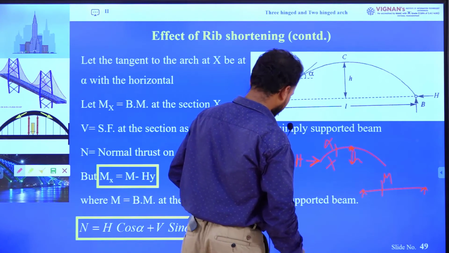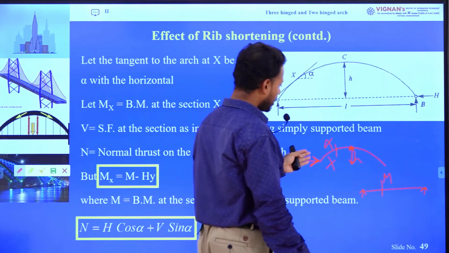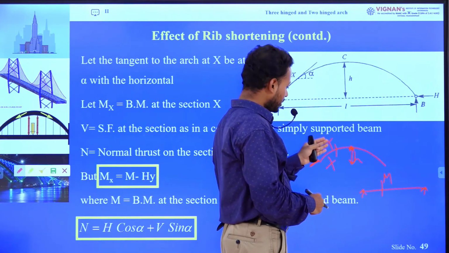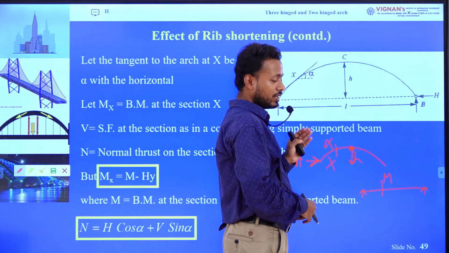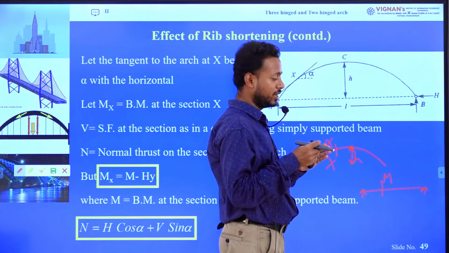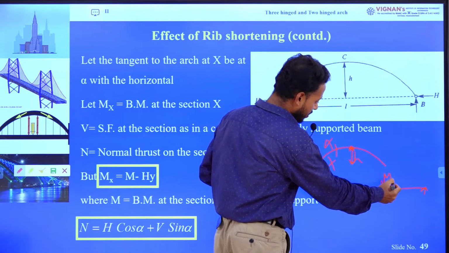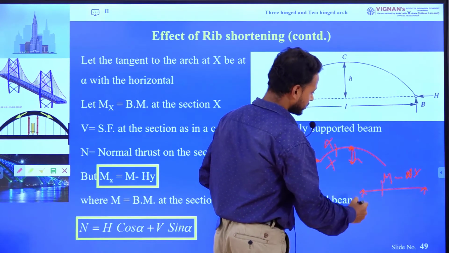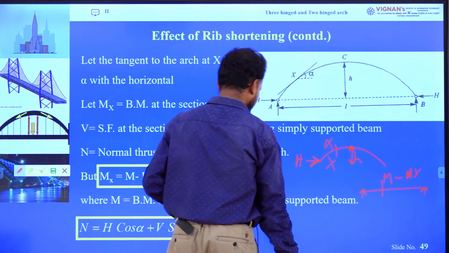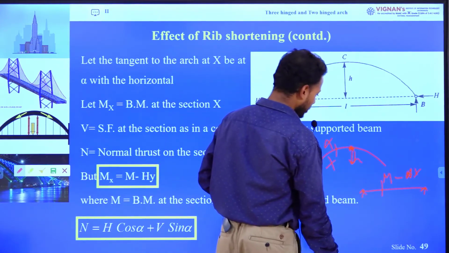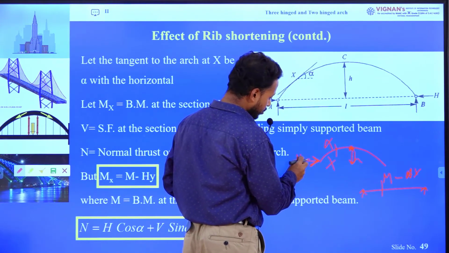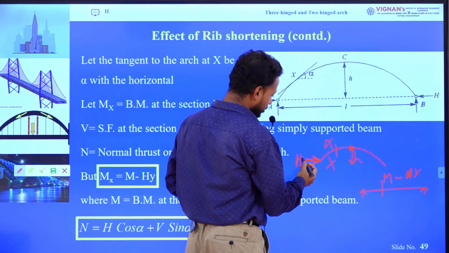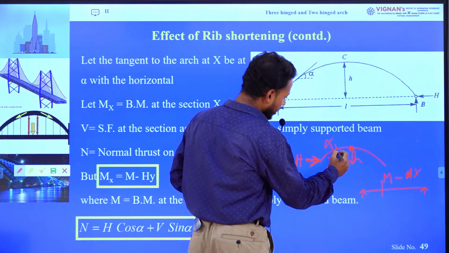So for an arch structure, the bending moment at any cross section will be the bending moment of a beam structure minus H into y, because this H is trying to push this arch in this direction and the lever arm is y at any point.